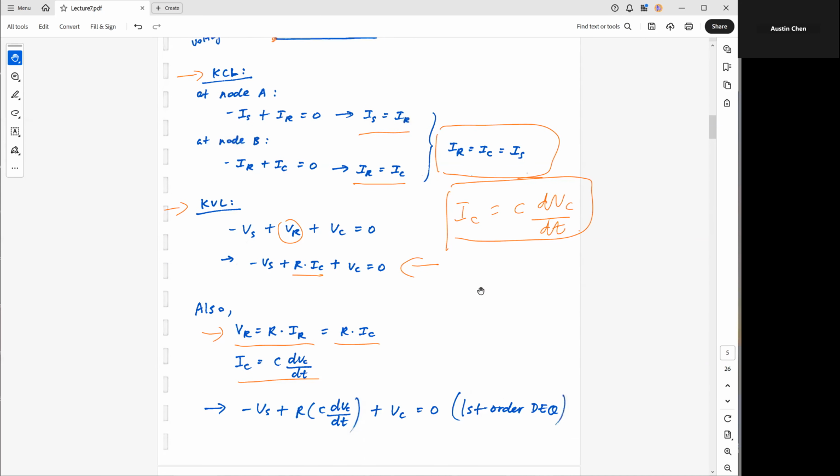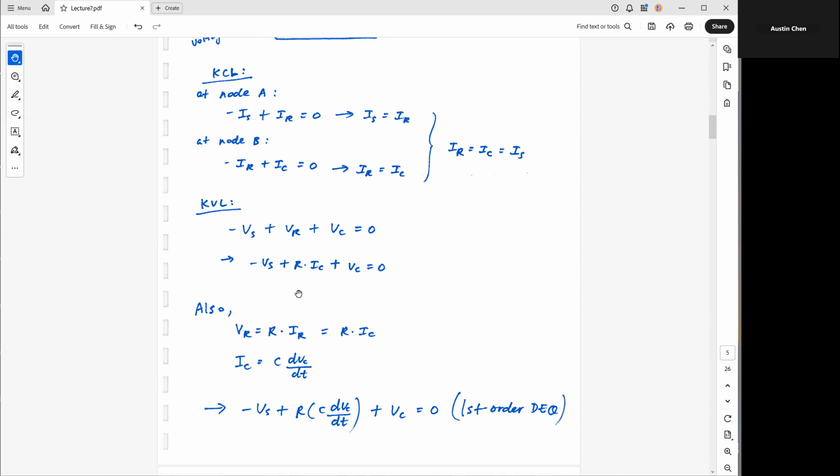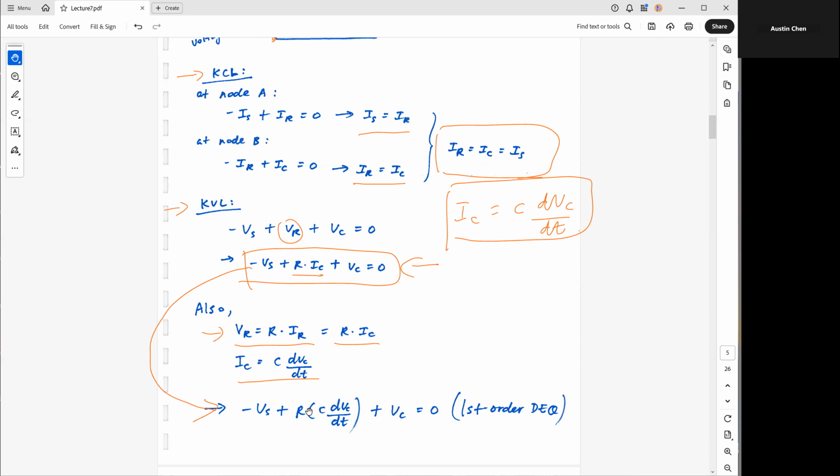Now I'm just going to take this and map it over here. So minus Vs, still the same, copy and paste. R times IC, and IC is C dVc over dt, just like I showed you over here, plus Vc. So copy and paste, the only thing that changes is this term.